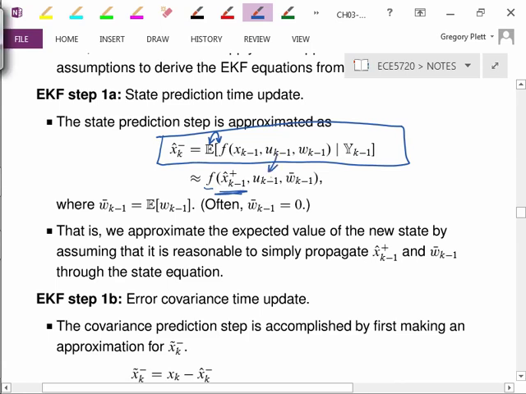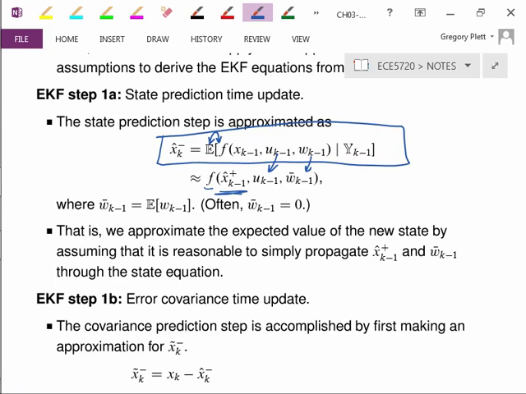The deterministic input is propagated through, and the expected value of the process noise is also used as an input. The process noise might have a zero mean. We do assume that it's a completely uncorrelated white signal, but possibly with a non-zero mean.